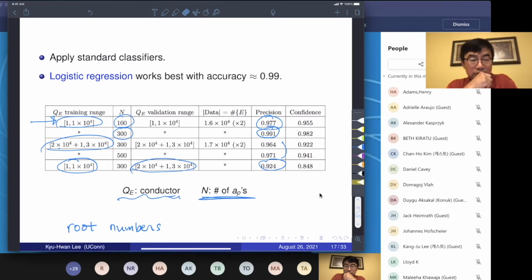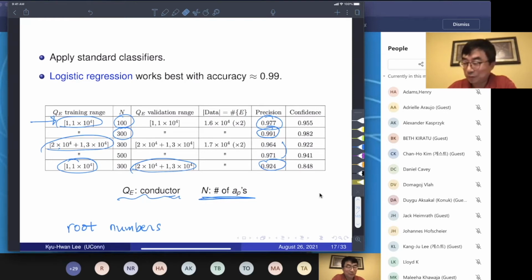So I'm not sure from what you were saying whether the root numbers are not enough to actually tell 0 or 1, but if you know the root number is -1, you know it's not 0. I'm not sure that you can actually tell from the data.